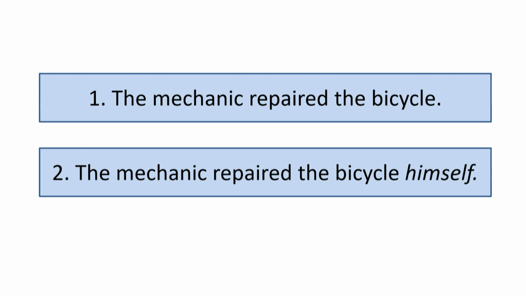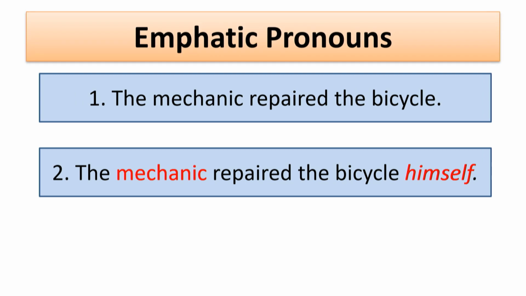The difference is, by adding himself in the second sentence, I want you to know that nobody helped the mechanic in repairing the bicycle. Here, himself is used to lay emphasis. When reflexive pronouns are used for emphasis, they are called emphatic pronouns.